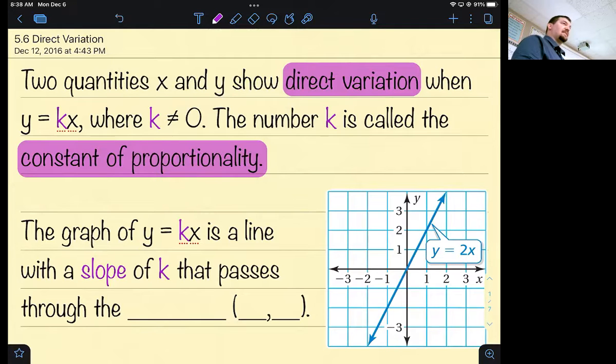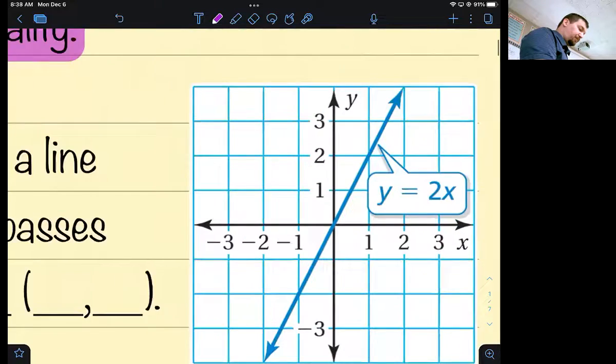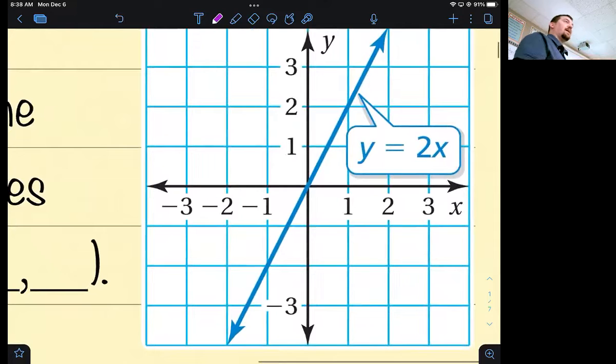So what was k in the last example? What would we say k was? In that example I gave you, we said k was 2, right? That's what the graph of that proportion looks like. Whatever the x value is, times it by 2, that gives you the y value.